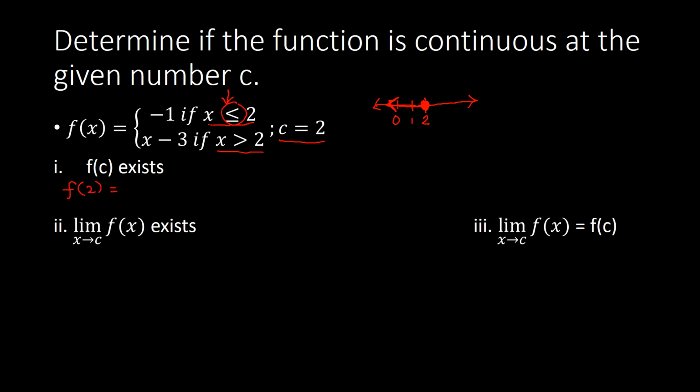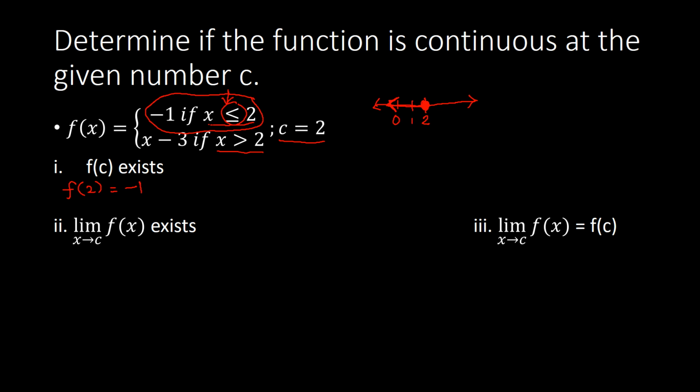So since we are looking for f of 2, we are going to choose this function here because we've satisfied the domain that x is less than or equal to 2. Using that one, we have our f of x equal to -1. Therefore, f of 2 here is equal to negative 1.